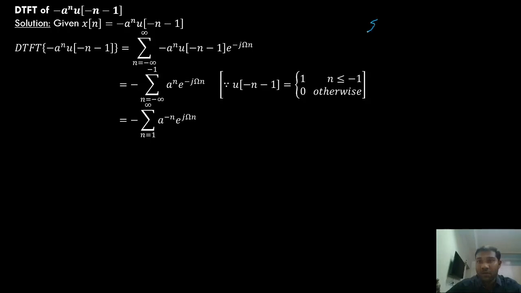Standard form is summation n is equals to 0 to infinity r power n, right? Now we do not have n equal to 0 term here. So what we'll do, we'll substitute n equals to 0.